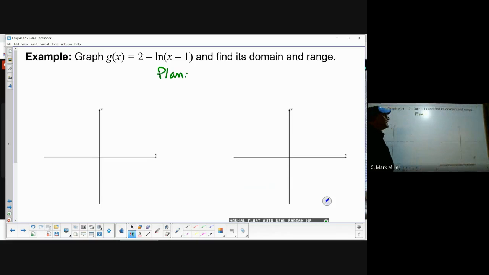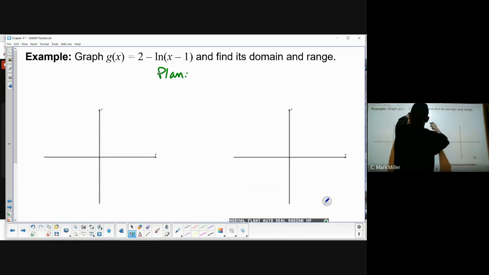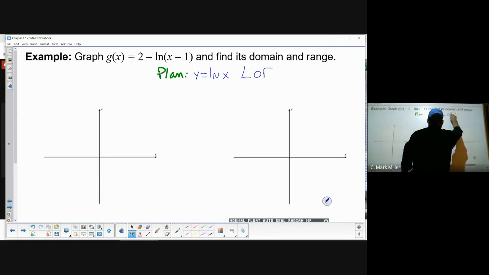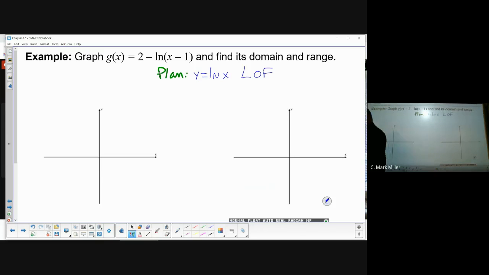You start with a function whose graph you know, and you get those from the library of functions. So we're going to start with y equals natural log of x from the library of functions.